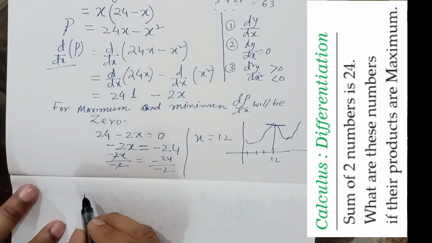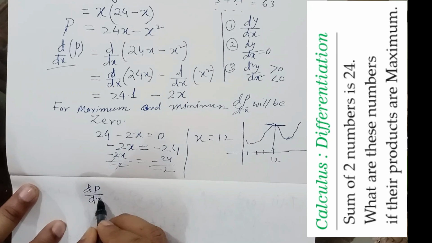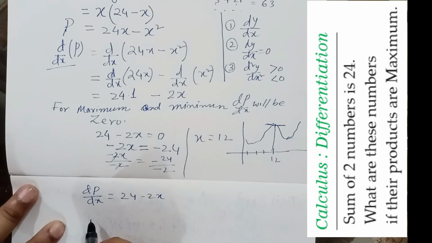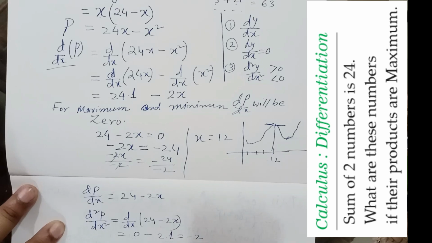If we do this derivative again, d2P by dx square, we apply d/dx on both sides. For the first term, d/dx of 24 is 0; minus 2 is constant, d/dx of x is 1. So this value became minus 2.